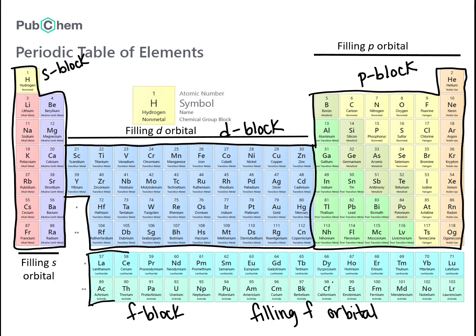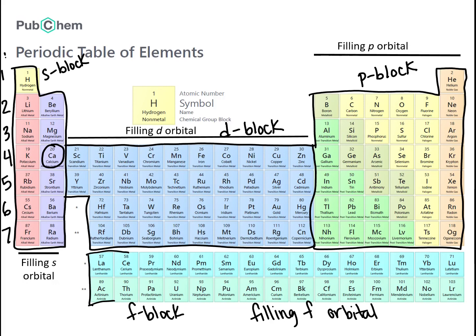Wherever the element is, that's going to tell you the last orbital that should be in your electron configuration. So if I'm writing a configuration for calcium, it's in the S block. So the final thing that I write for my configuration, the last sublevel, should be S something. Each row of the periodic table is the main energy level.